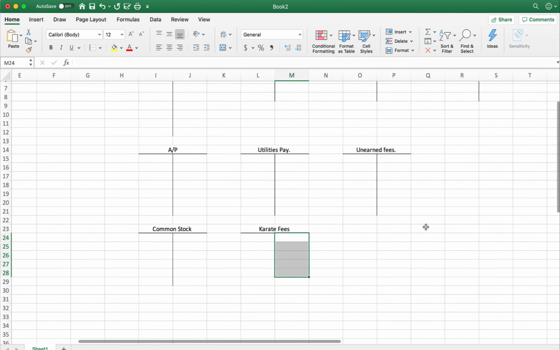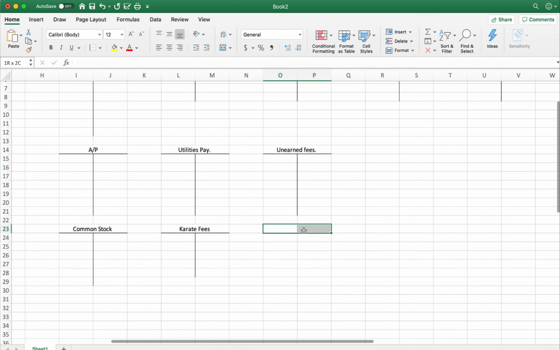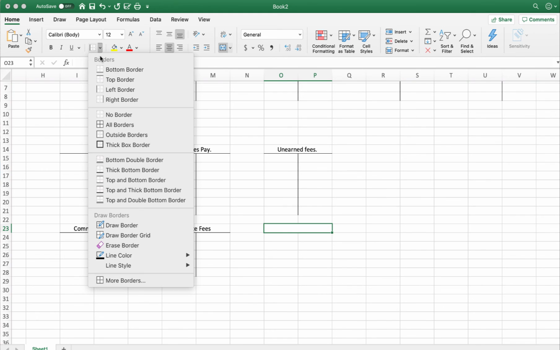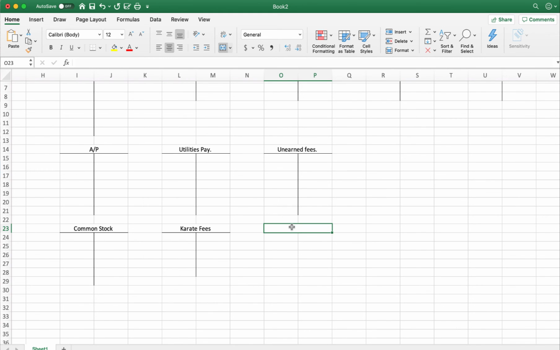So fees is just another name for revenues, and I understand that can be a little confusing, especially with the terminology. Fees and revenue, it's the same thing here. Okay, and then they give us our ad expense. They start giving us our expenses.